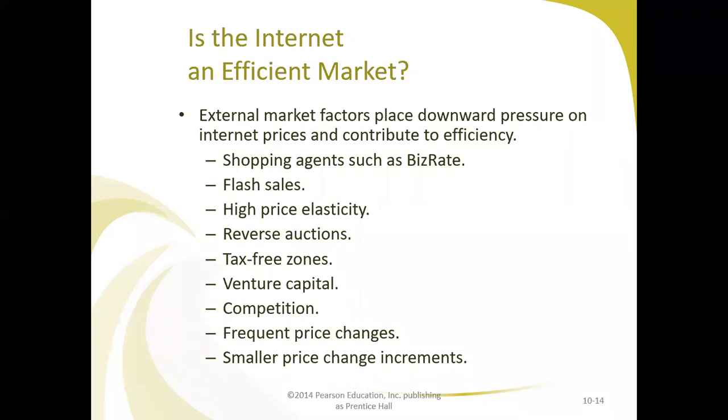Small price change increments: in one study, the smallest offline price change was around $30, whereas the smallest online price change was rupees 0.01. So there are some price changes of 50 rupees, 20 rupees, even 199 shows.